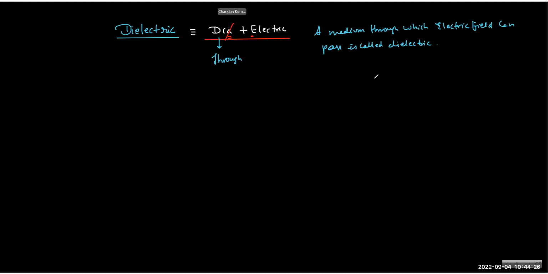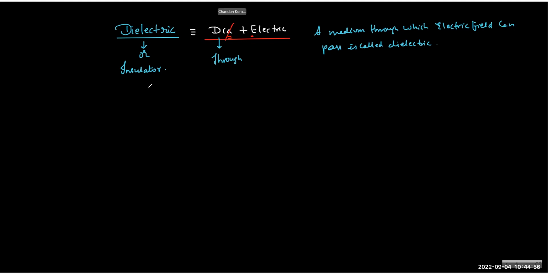So the other name for dielectric is insulator. Insulator allows the field to pass, conductor does not allow the field to pass. I hope this is clear.